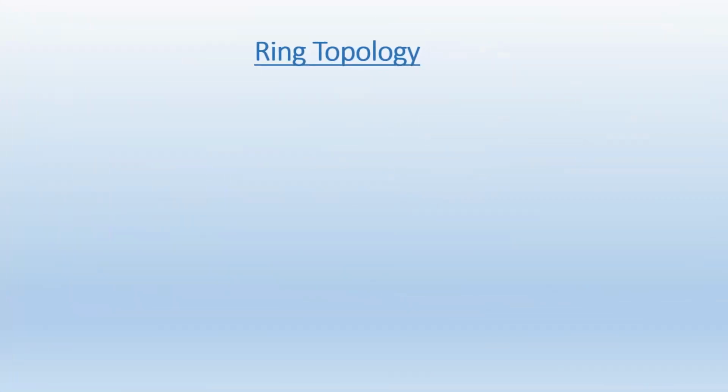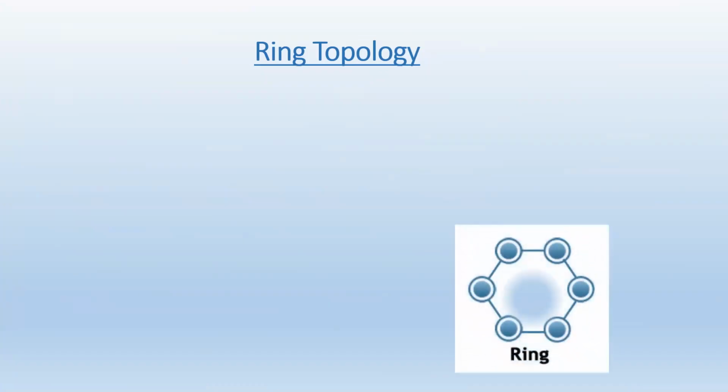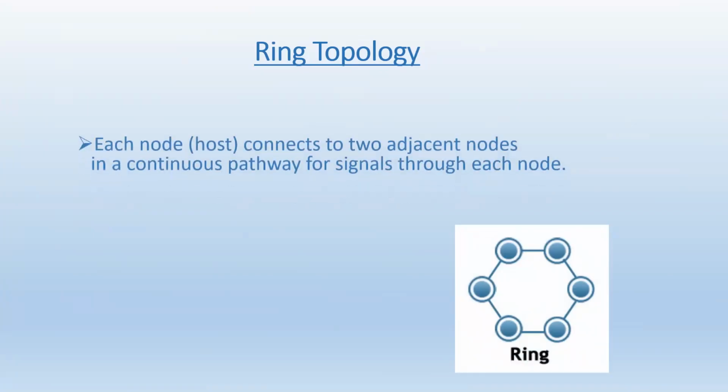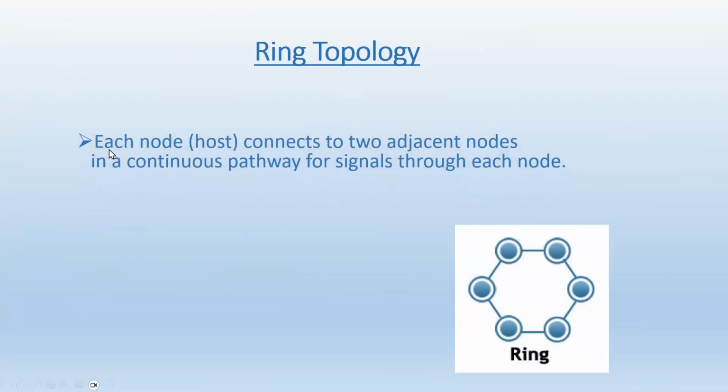All right, now let's take a look at the first one, the ring topology. Here is the symbol for a ring topology. And in the ring topology, each node, let me just get my pointer here, each node or host, which would be any kind of PC or wireless access point or anything that is connected, we consider as a node or a host.